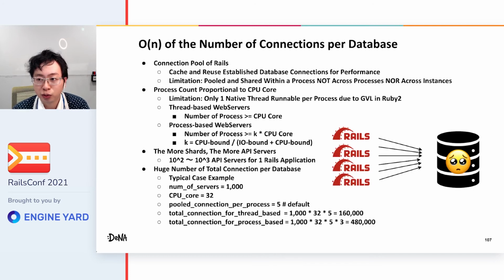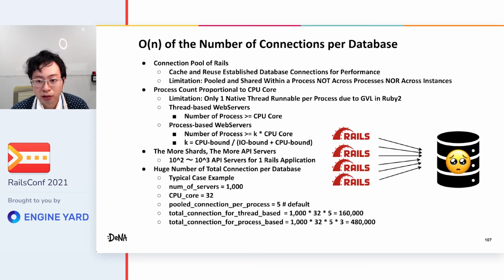Also, the Ruby 2 GVL forces only one native thread to be runnable per process. The result of these two limitations leads to the number of processes being larger than CPU cores. And generally speaking, there are many API servers to the many shards.